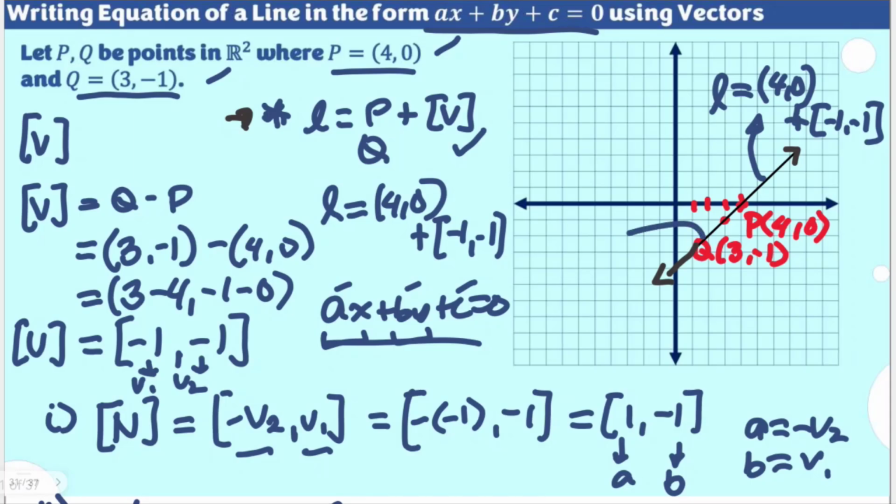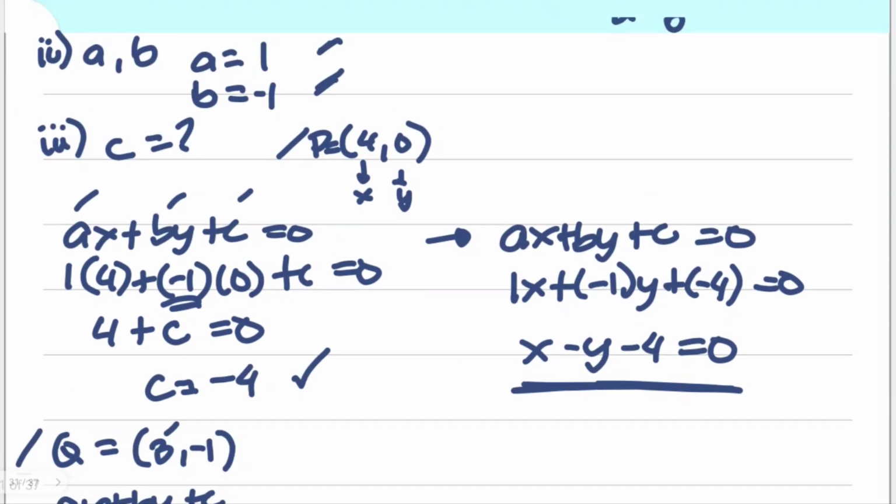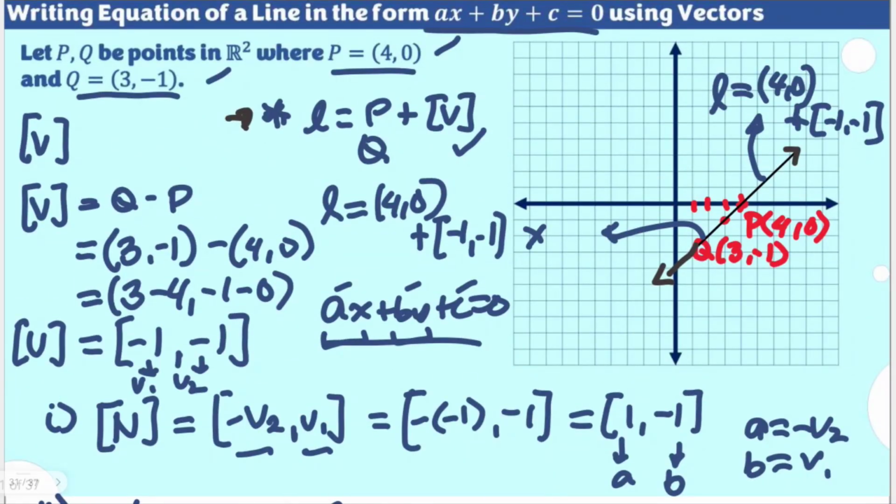This is actually identified as here, x minus y minus 4 is equal to 0. This is its form of ax plus by plus c, and this is the form using a vector and a point, as discussed in this playlist as well.